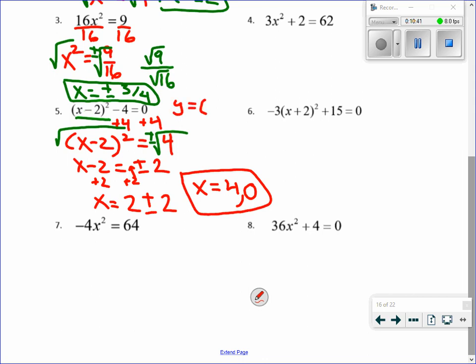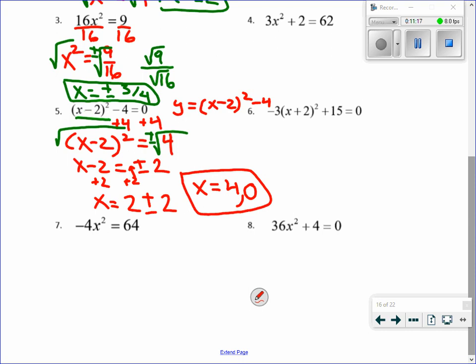So if I wanted to check graphically, I would plug it into my calculator, thinking of the graph as y equals x minus 2 squared minus 4. But just checking quickly by plugging in, if your x is 4, 4 minus 2 is 2, 2 squared is 4, 4 minus 4 is 0. Same thing with 0: 0 minus 2 is negative 2, negative 2 squared is 4, 4 minus 4 is 0, so that works. Good check.